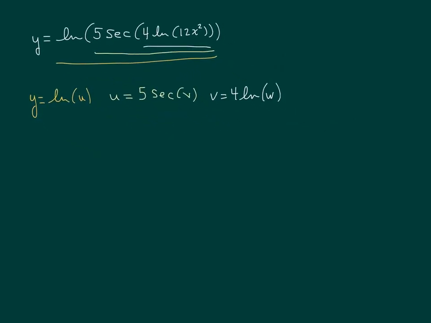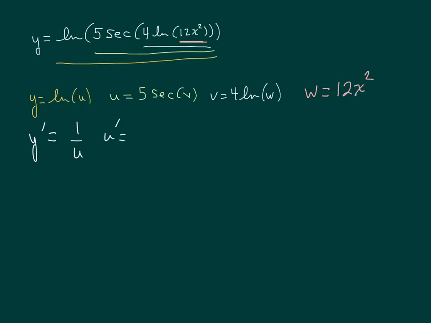And now let's get another color. And so now I'm inside here. So my w would equal 12x squared. So you can see there's 1, 2, 3, 4 functions I'm going to take derivatives of. So the derivative of ln of u is 1 over u.